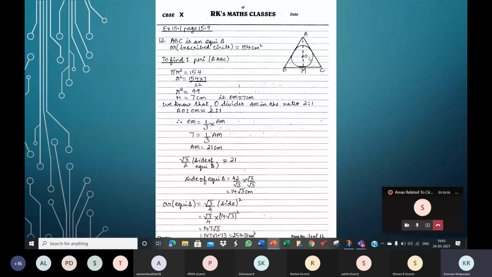The altitude from C on AB will also be the median from C on AB in an equilateral triangle. So if you call this CP, CP will be perpendicular to AB because altitude. CP will be the median to AB, P being the midpoint of AB.